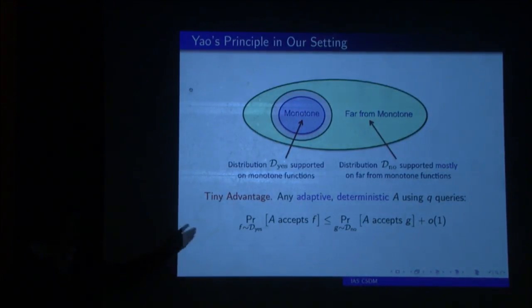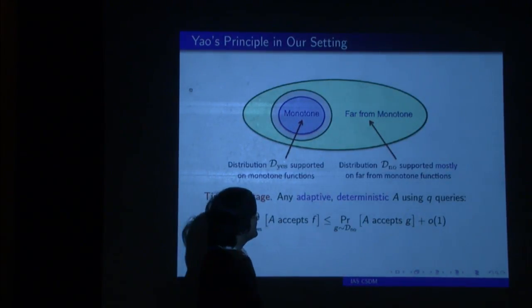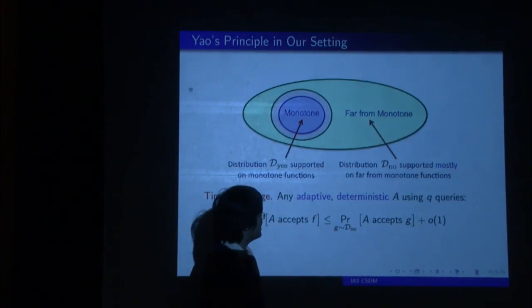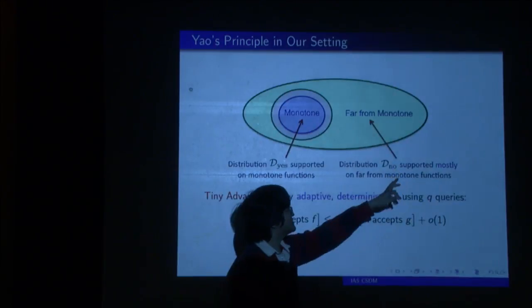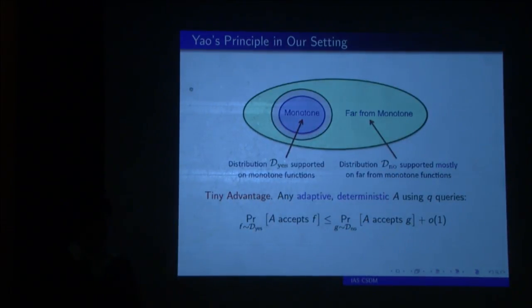And then we want to say any adaptive deterministic algorithm using Q queries, with some upper bound on Q, cannot have a bigger advantage of accepting F from the yes distribution compared to G drawn from the no distribution. The negative distribution will be mostly far from monotone, with omega 1 probability.